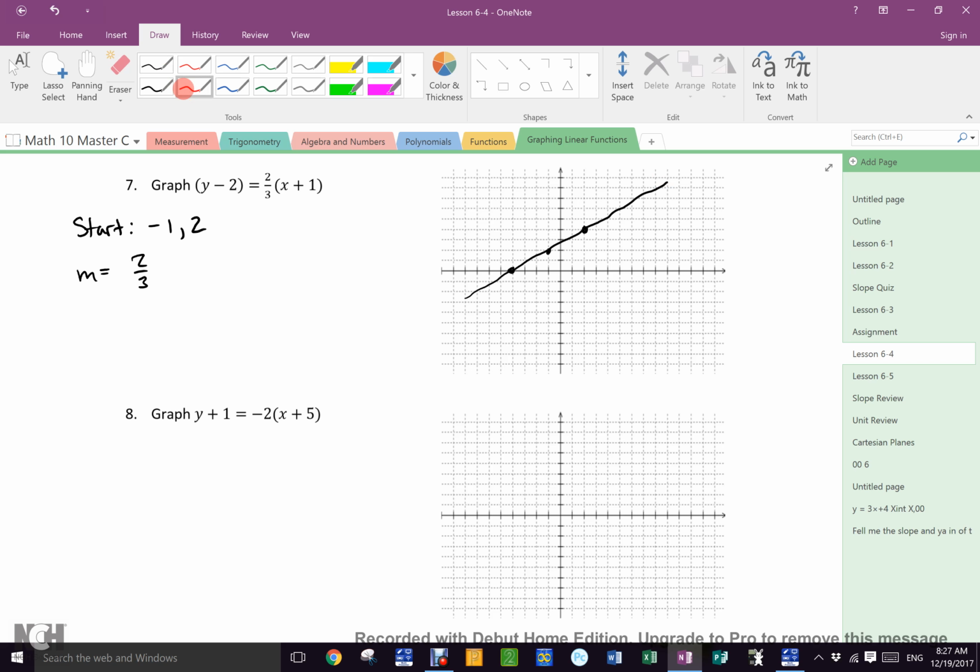What's my starting point? And what's my slope? Which is really what? Then I graph it. -2 over 1 means down 2, right 1, or up 2, left 1.